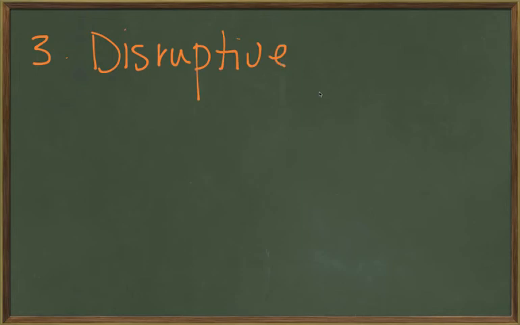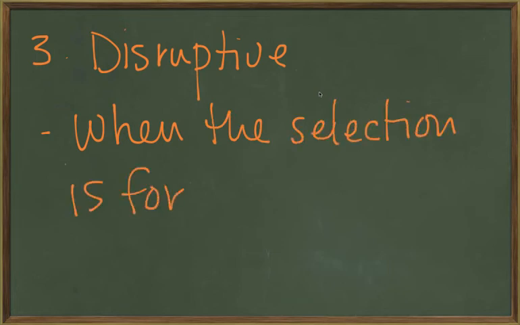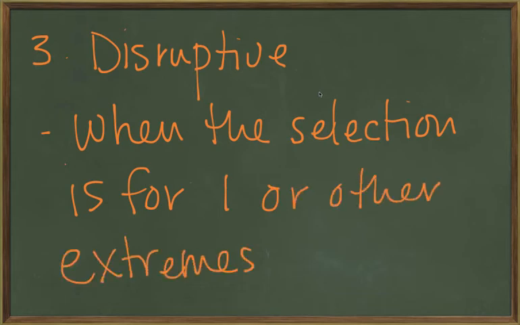The last type of selection that we are going to talk about is disruptive selection. This is when the selection is for one or the other extremes of the bell curve.